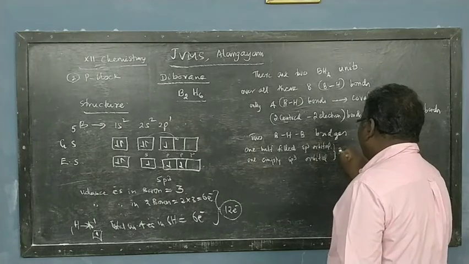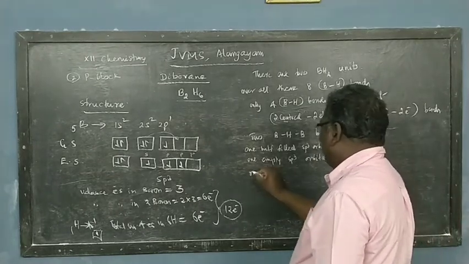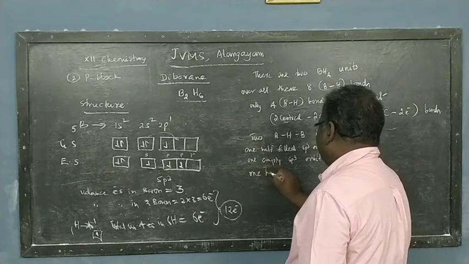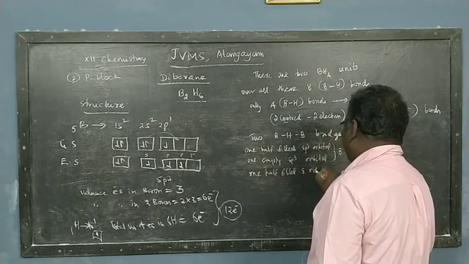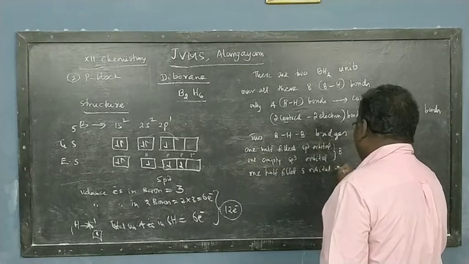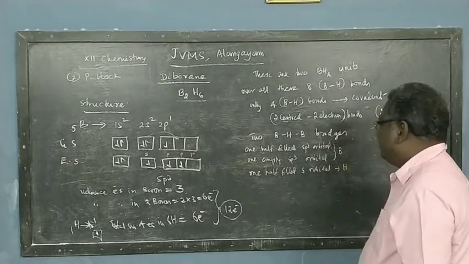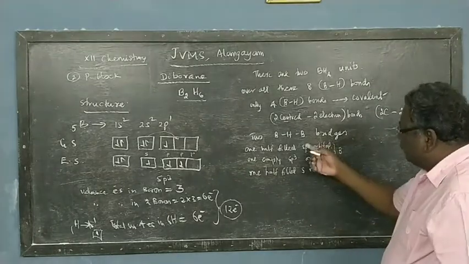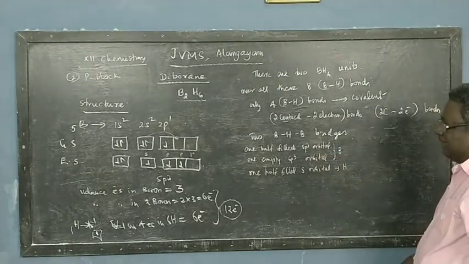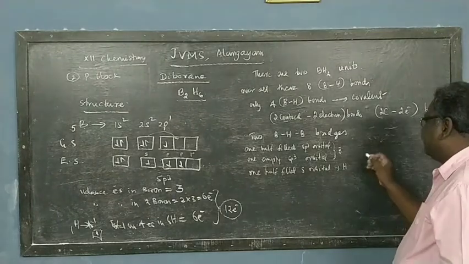These are all from boron, and there will be one half-filled s orbital from hydrogen. So overall, how many electrons are there? There are only 2 electrons connecting how many centers? 3 centers.